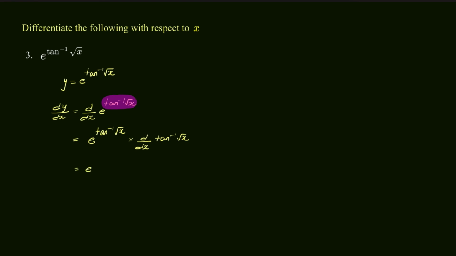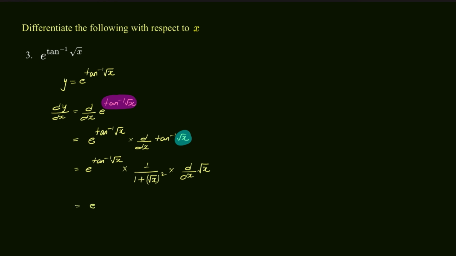So it will be equal to e to the power tan inverse of root x into, here for now we will consider again this root x as simply x, then d/dx of tan inverse x is 1 by 1 plus x square. So here it will be root x whole square, and again we have to differentiate root x.